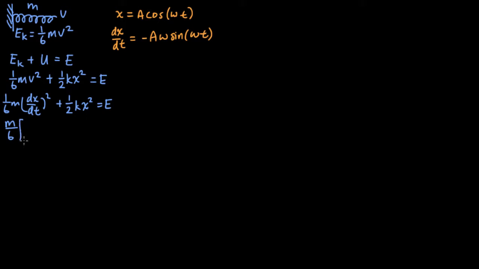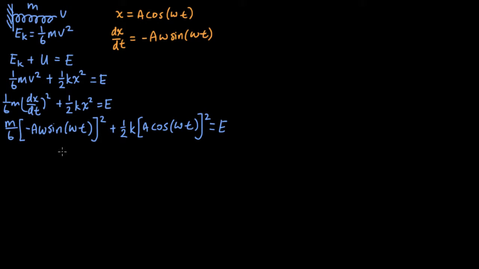m/6 times negative a omega sine omega t, plus half k times a cosine omega t, all squared, equals E. We see a sine squared plus a cosine squared, and the value on the other side of the equal sign is a constant.